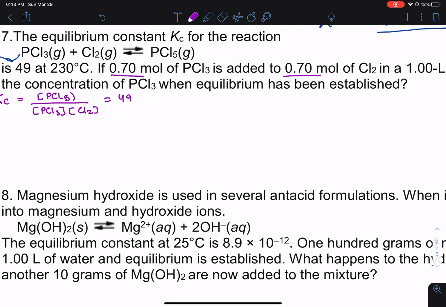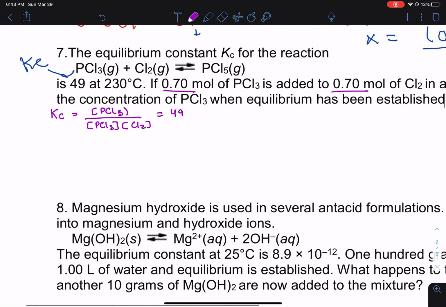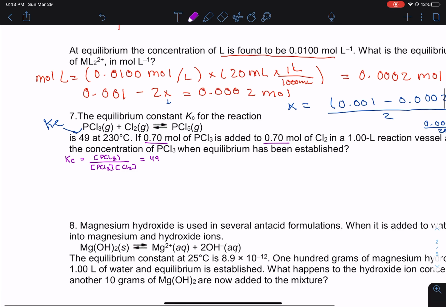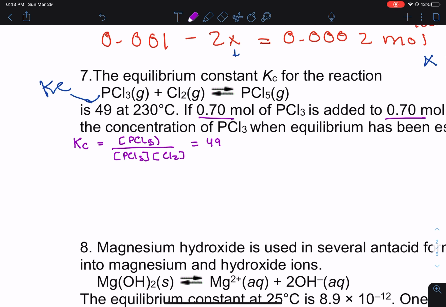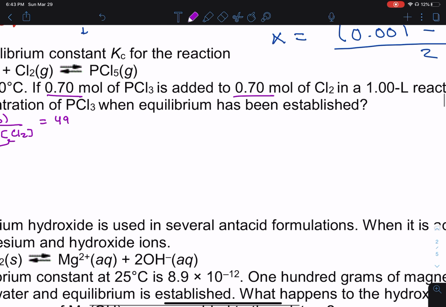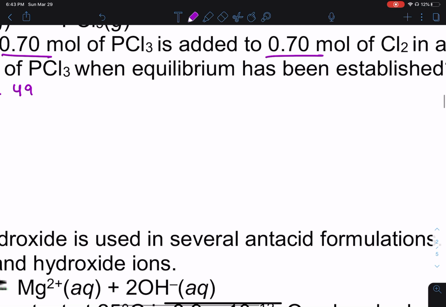And we just have to figure out in moles since it's already added into 1 liter. So that will be 0.7 for both at initial. So let's make our ice table. I'll do that here. So we have PCl3, Cl2, and PCl5.